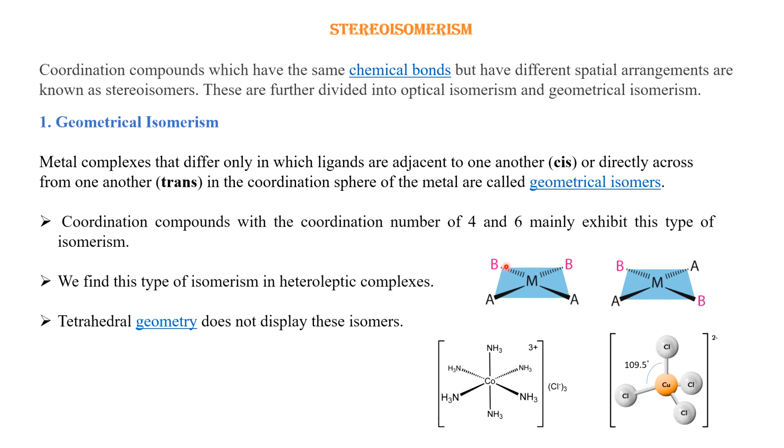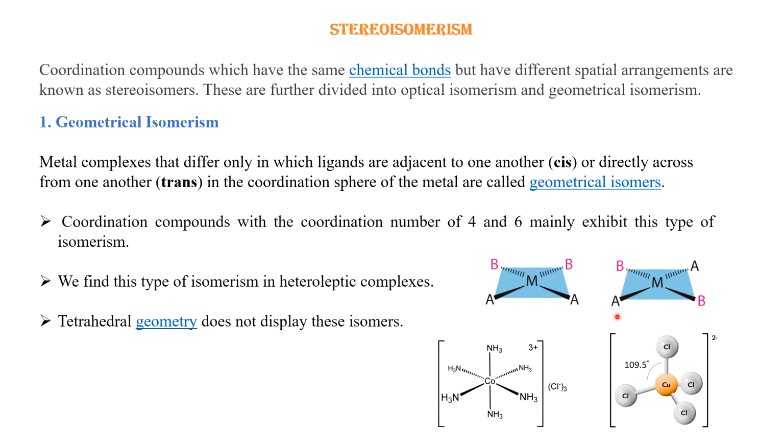Then they will be called cis position. Or if they are directly across from one another, then it will be called trans position. This one is a square planar complex. These two B are exactly opposite to each other. Their bond angle, BMB, is 180 degrees. So these two will be called geometrical isomers.